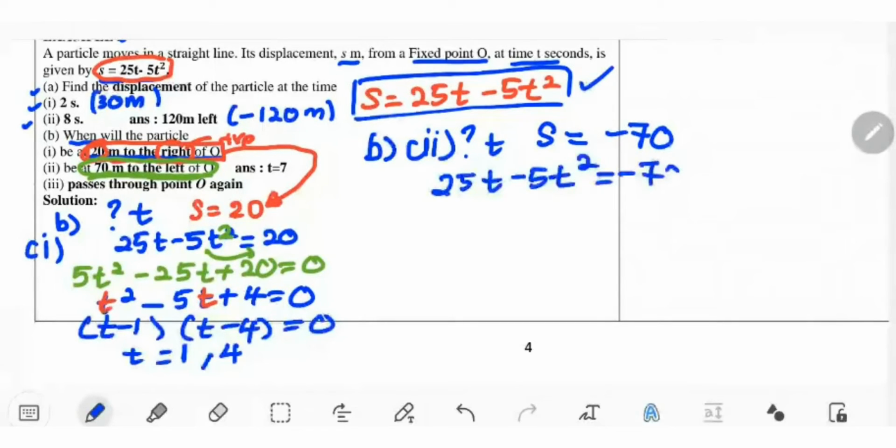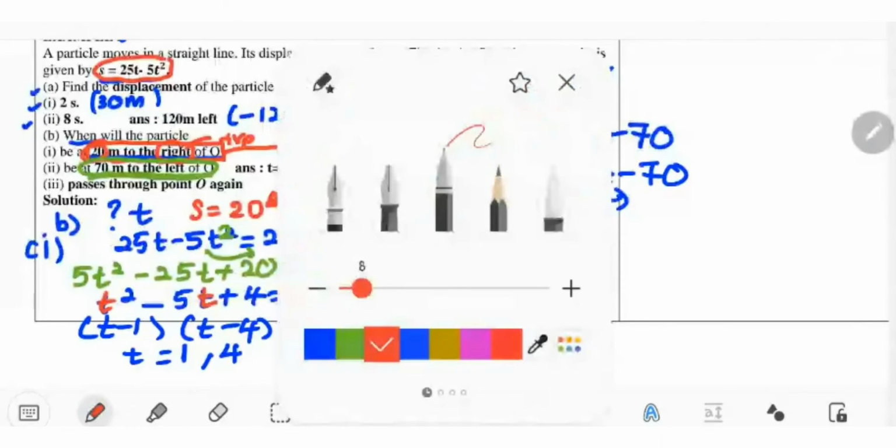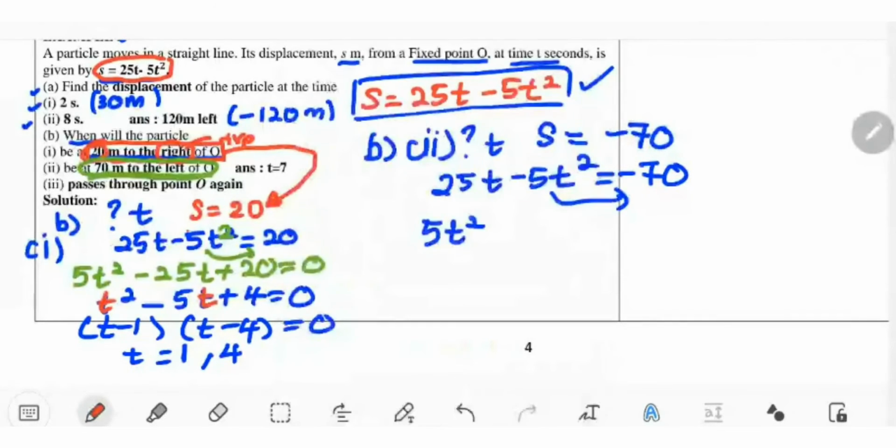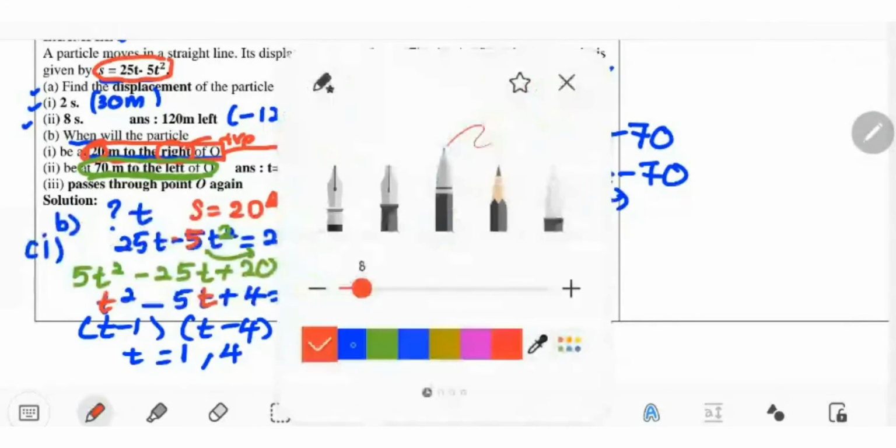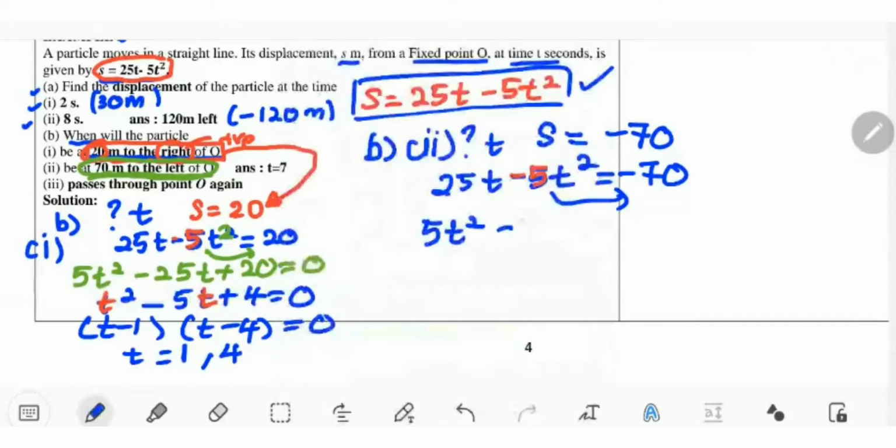Okay, and then as I said, always make the coefficient of T squared positive. Ni kan tadi dia negative 5, so make it positive. So 5T squared minus 25T minus 7T equals 0. Factorize sekejap untuk saya.